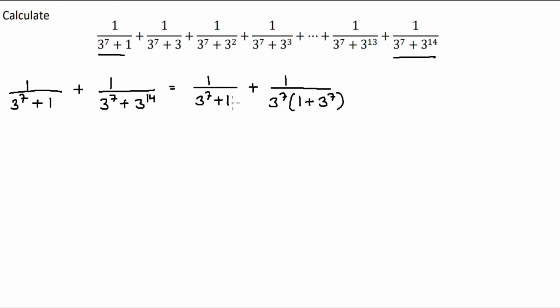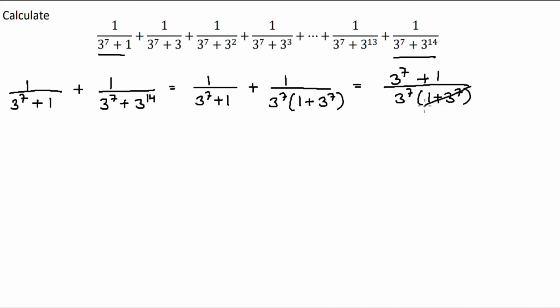Then we can think about the LCM, or taking a common denominator. The common denominator is obviously 3 to the power of 7 times (1 plus 3 to the power of 7). The first term does not have 3 to the power of 7, so it is multiplied by 3 to the power of 7, and the 1 in the second term remains because its denominator is the same as the one we are taking.